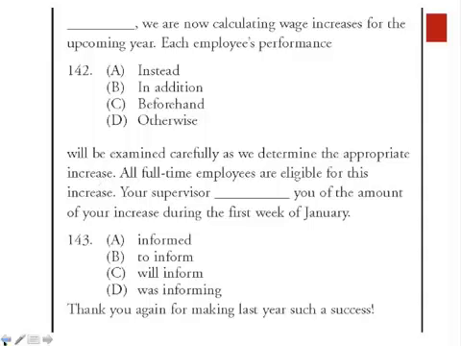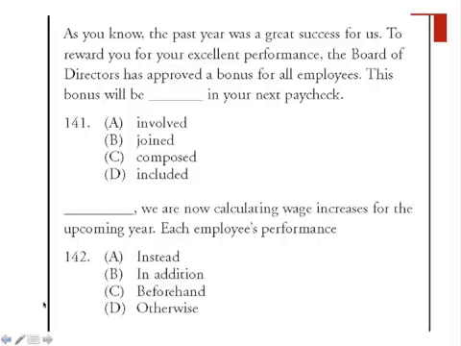So are we thinking, as we move back for a moment, that the information here is going to be different from the information that follows? Well, as we noticed, it seems as if they're talking more about how this particular bonus is going to be determined. So in this case, we can eliminate A and most likely eliminate D. Since these are both indicating differences or different directions, or something that might happen in spite of something else, these two don't seem to make sense.